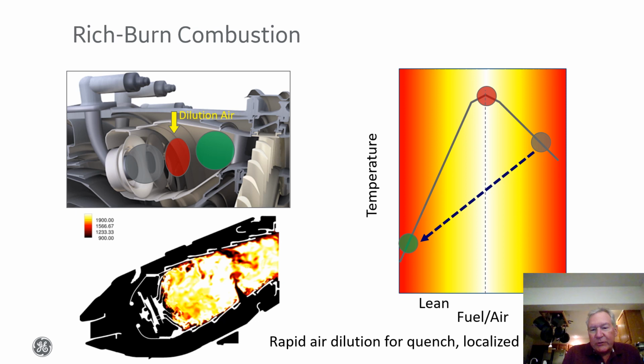The strategy is to transition quickly from that fuel rich condition to a fuel lean condition to avoid those very hot regions of stoichiometric combustion products, which would lead to high NOx levels, high thermal NOx levels being generated by those high temperature regions.